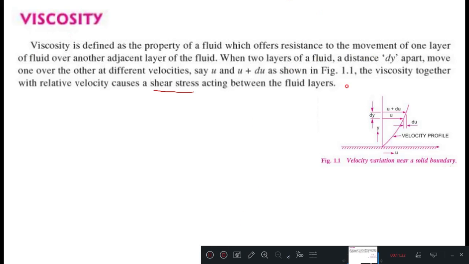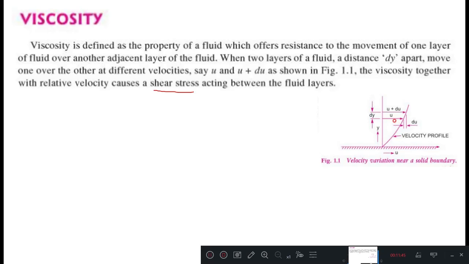Now, in this flow, layers of liquid are flowing with velocities u and u plus du. The top layer causes a shear stress on the adjacent lower layer, while the lower layer causes a shear stress on the adjacent top layer.